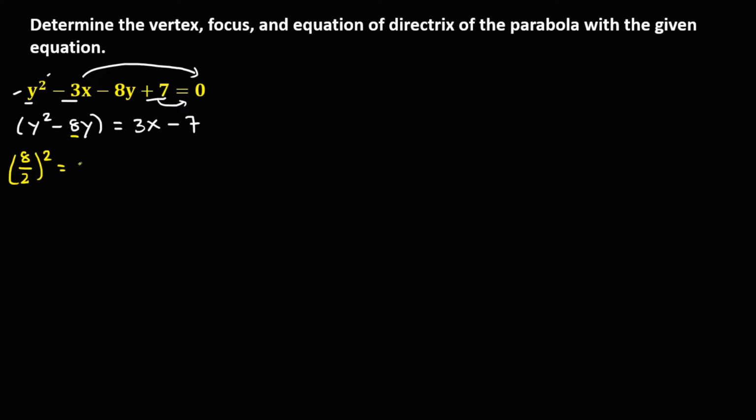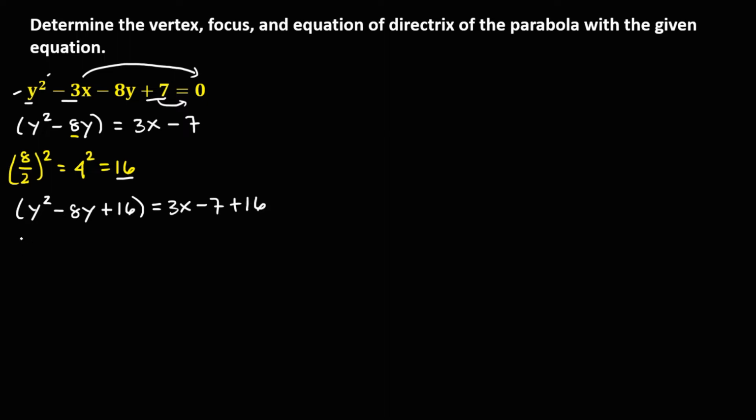So 8 divided by 2, that's 4, and 4 squared, that's 16. So for the new equation, we have y squared minus 8y plus 16 equals 3x minus 7, also plus 16.